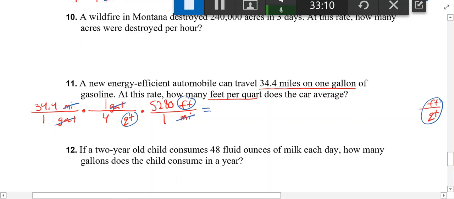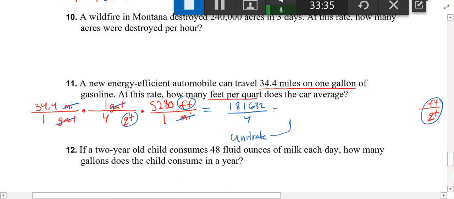So let's go ahead and multiply the top. That's going to be 34.4 times 5,280, and that's giving us 181,632 over 1 times 4 times 1 is 4. So then we'll make this into a unit rate.